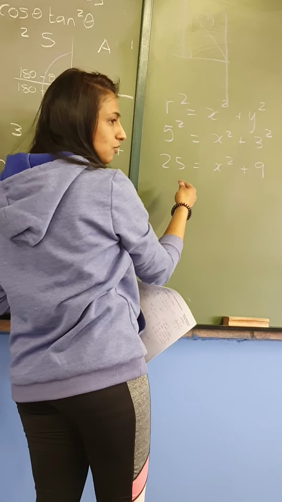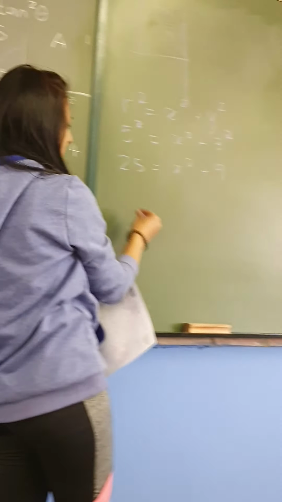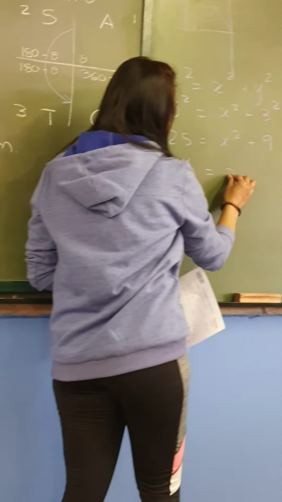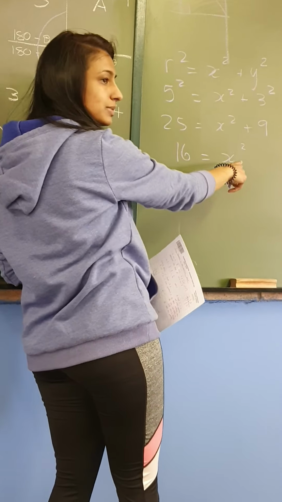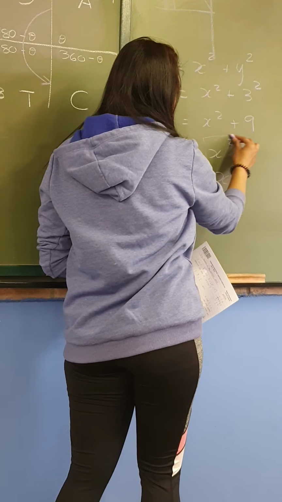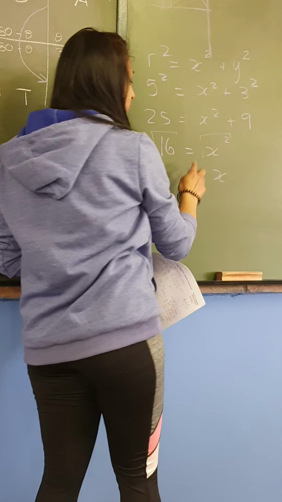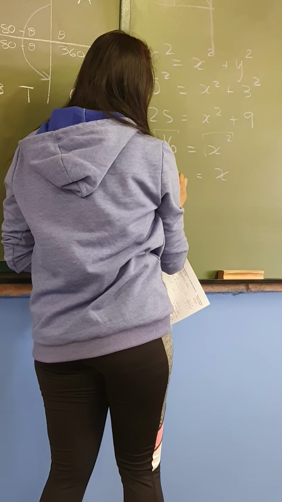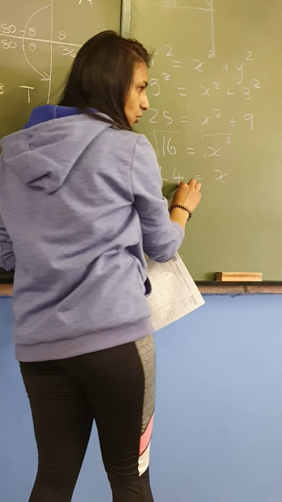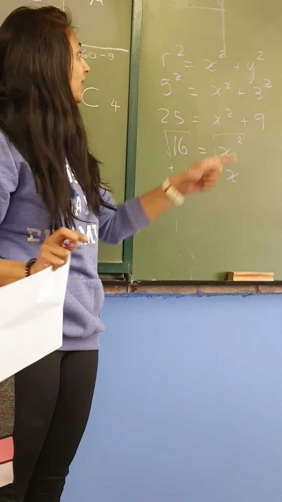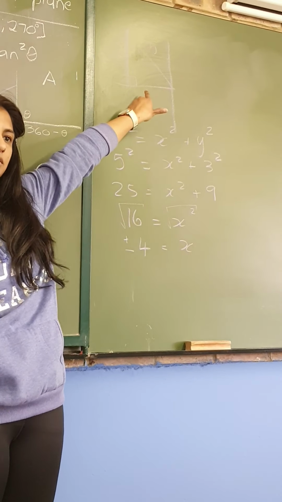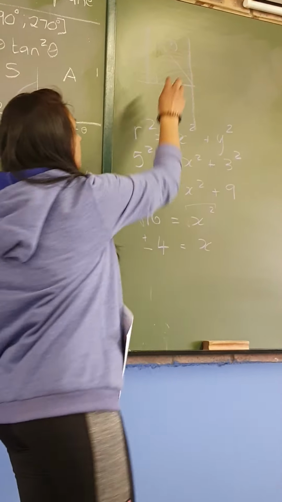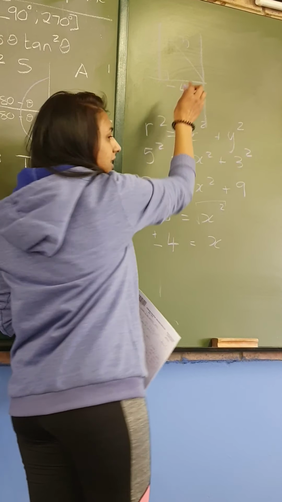If I take the 9 over, what does it become? 16. So my x is equal to, now remember, because we're getting rid of the square, we are square rooting. But when you put a square root, your answer is either plus or minus 4. The reason why we say plus or minus, when you look at this Cartesian plane, is your x value positive or negative? Negative. So that's how we know this is going to be minus 4.